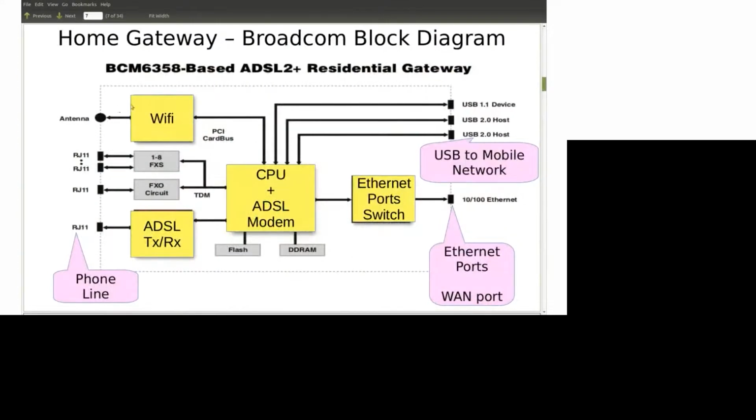Okay, this is a bit of a look at internally what happens inside it. You've got the Wi-Fi coming into the CPU, coming out of the CPU, some USB ports. There's also an Ethernet port switch, and that actually should have 4 lines there of 10/100 Ethernet. One of the objectives that I wanted to do was have one of these ports as a WAN port, and the other 3 as local Ethernet.